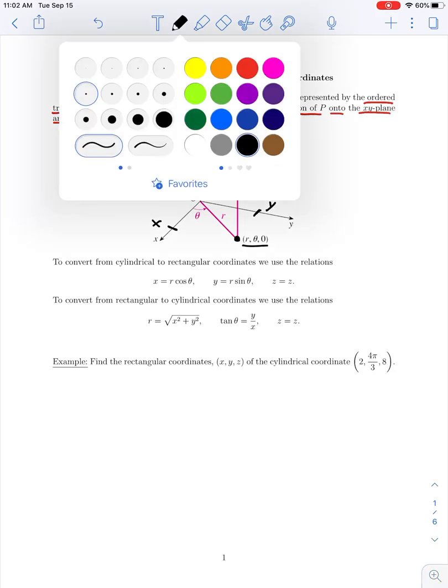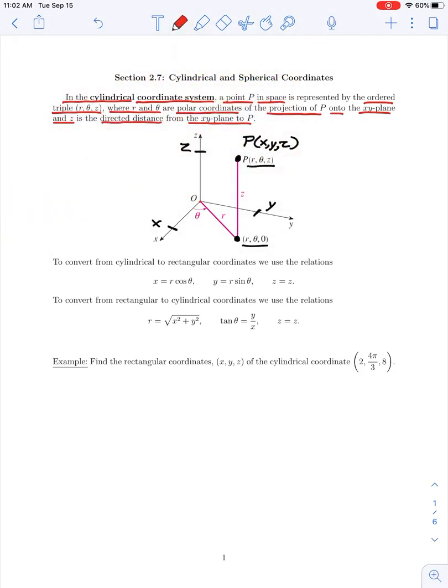Recall here that r is the distance from the origin out to the point, and theta is the angle that we rotate by from the positive x-axis in a counterclockwise direction to get to that line segment which connects the origin to our point.